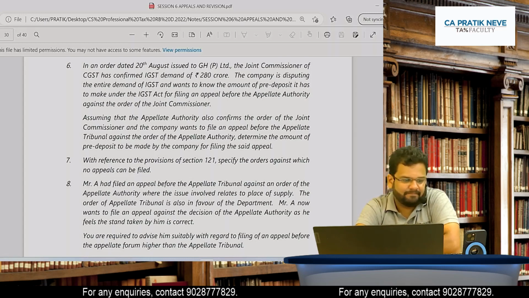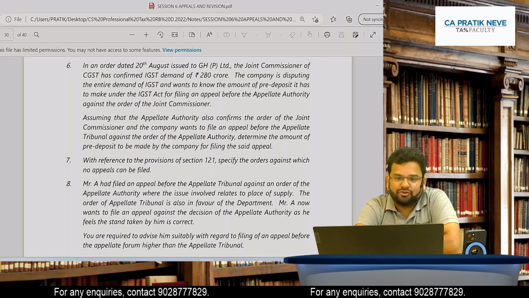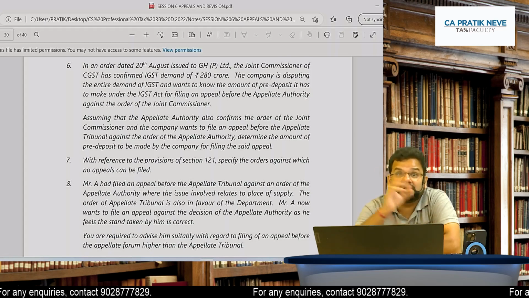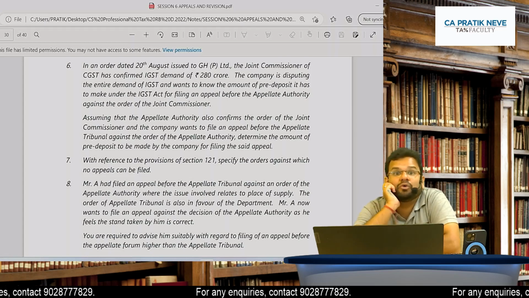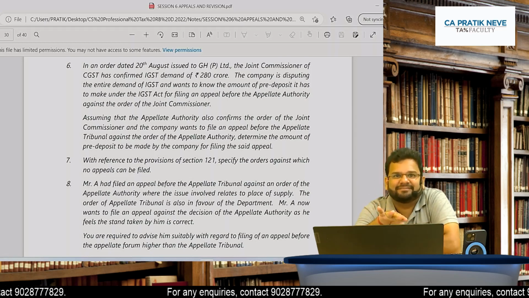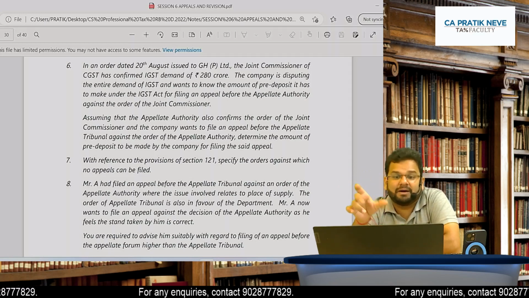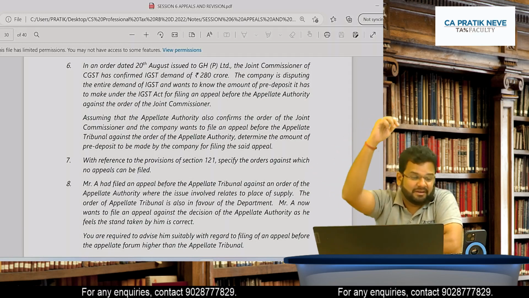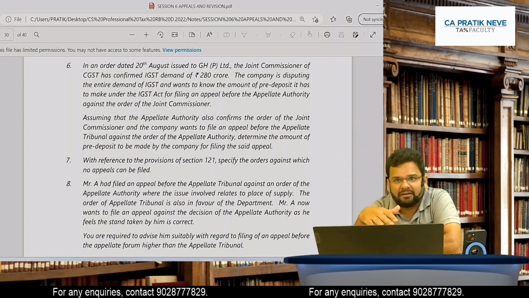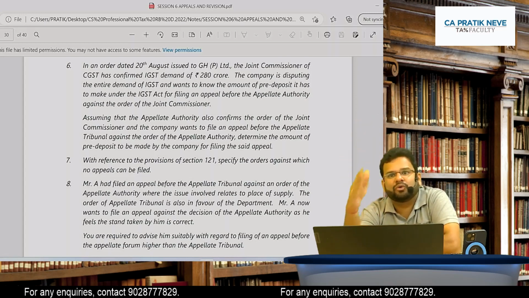Yes. Assuming that the appellate authority also confirms the order of the Joint Commissioner, it means the whole appeal goes against the assessee, because whatever has been demanded by the adjudicating authority is finalized by the appellate authority. So it goes against the assessee.